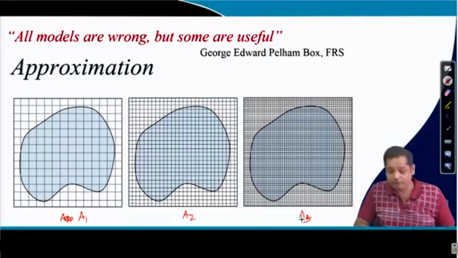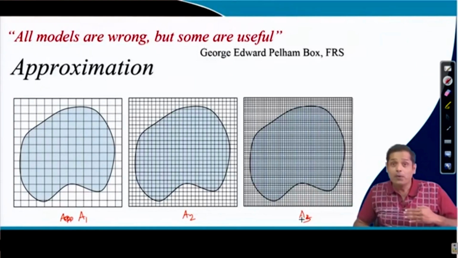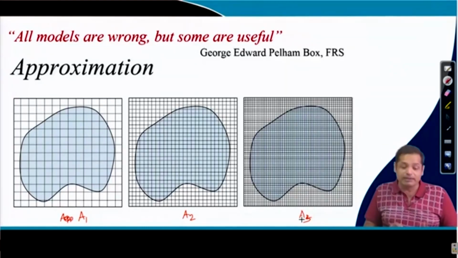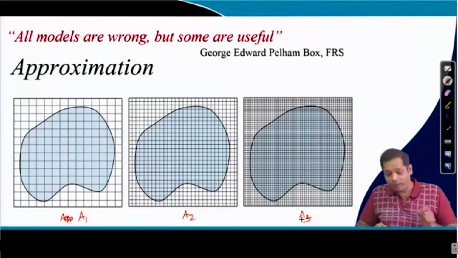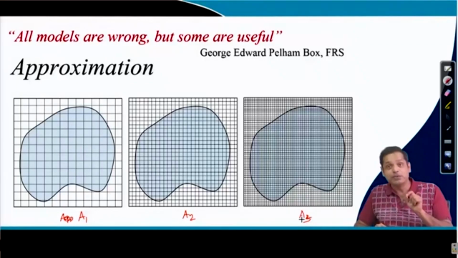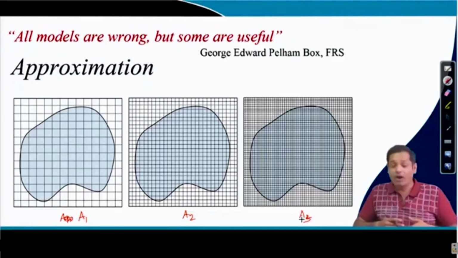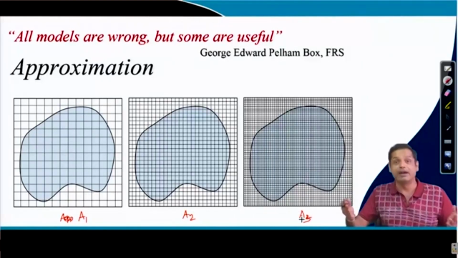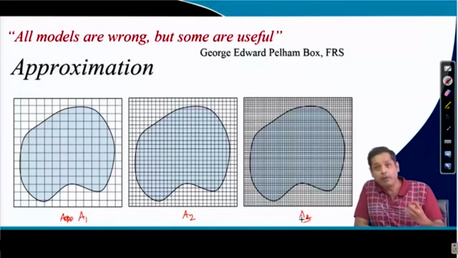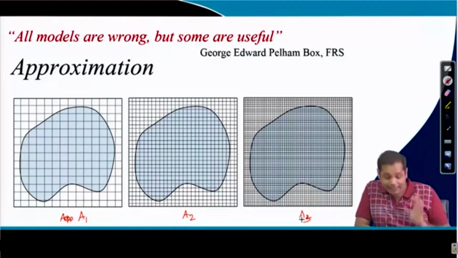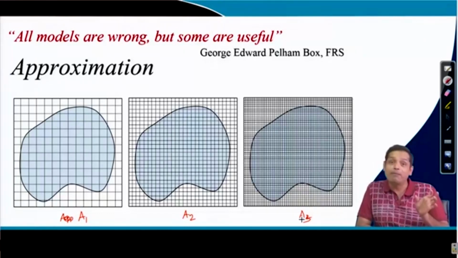At the different levels of refinement, we will move towards the actual area, but every time we will get an approximate area. The actual area we will get in a limit sense, when the size of the square is extremely small, an infinitesimally small square, or the number of squares is infinite. In that limit case it will give you the actual area, but other than that, when you have a finite number of squares, finite size of square, then that always gives me the approximate area.